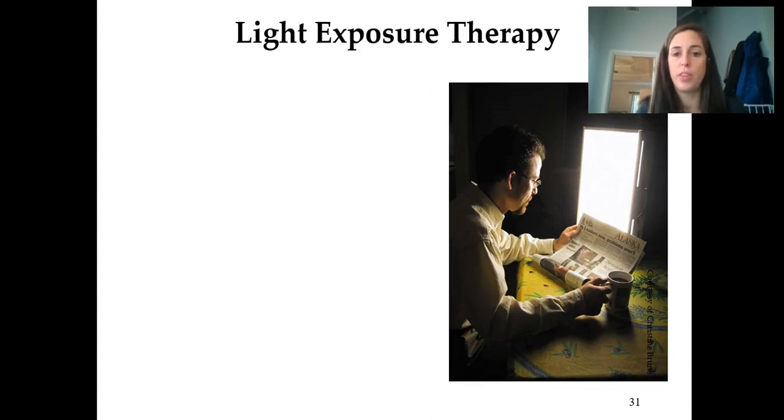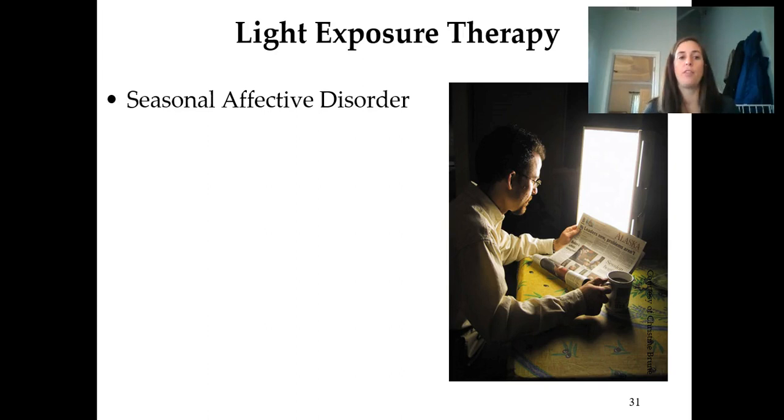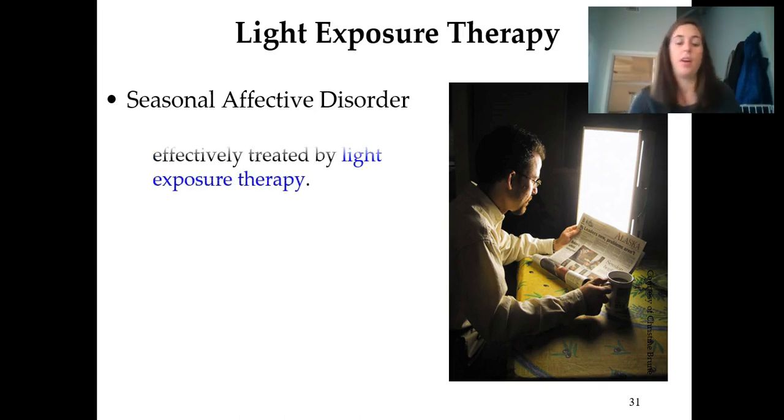And this is another random one. Light exposure therapy. So, you might know it, but I don't know if you've heard of seasonal affective disorder. Where I'm filming this is January, and our days are shorter and it's darker, and what happens a lot in the winter is depression rises, and that's called seasonal affective disorder.